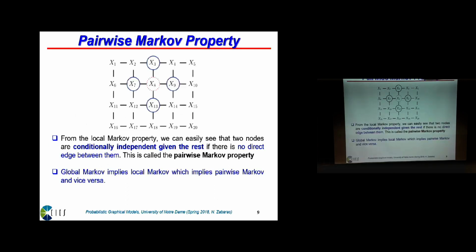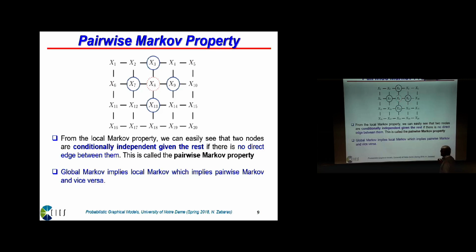Then you have the pairwise Markov property. Two nodes are conditionally independent given the rest if there is no direct edge between them. Can you see that?